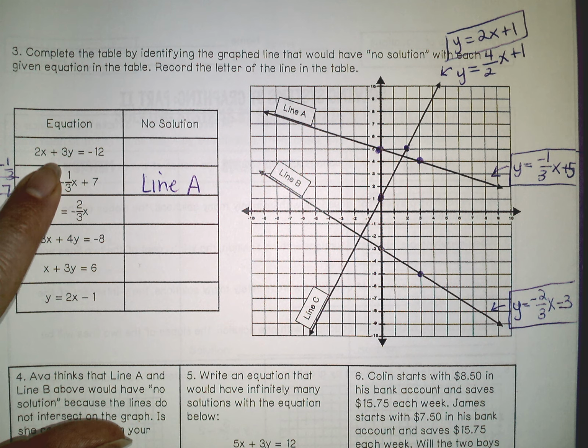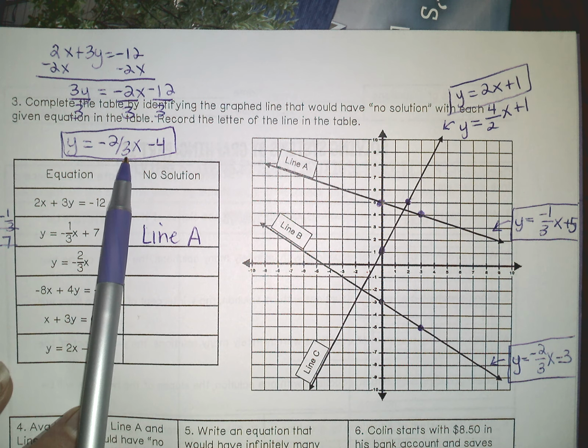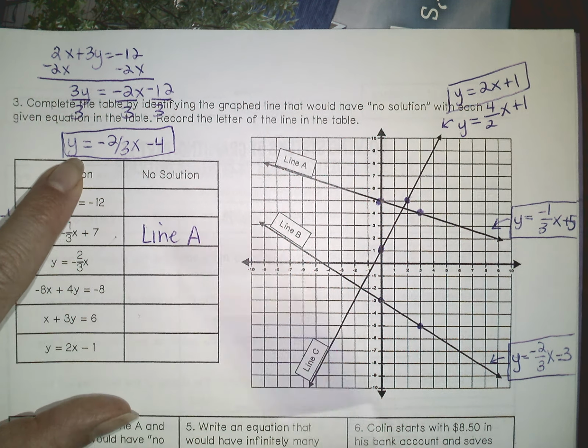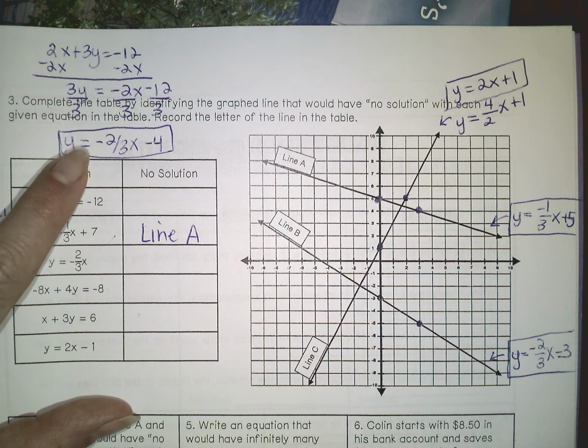So what I'm going to have you guys do is this equation up top. Why don't you work and get this equation into slope-intercept form first? Go ahead. Okay, I did a little work and showed my solving piece here. Subtracted 2x from both sides, divided all terms by 3 to give me a simplified slope-intercept form of -2/3 x minus 4.